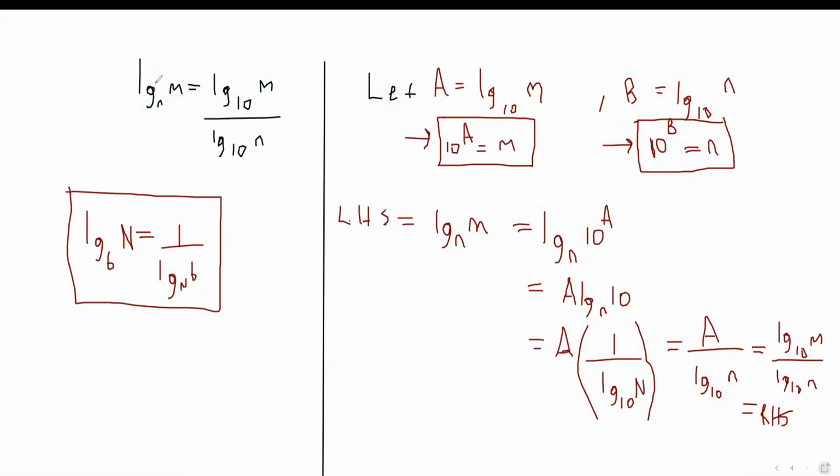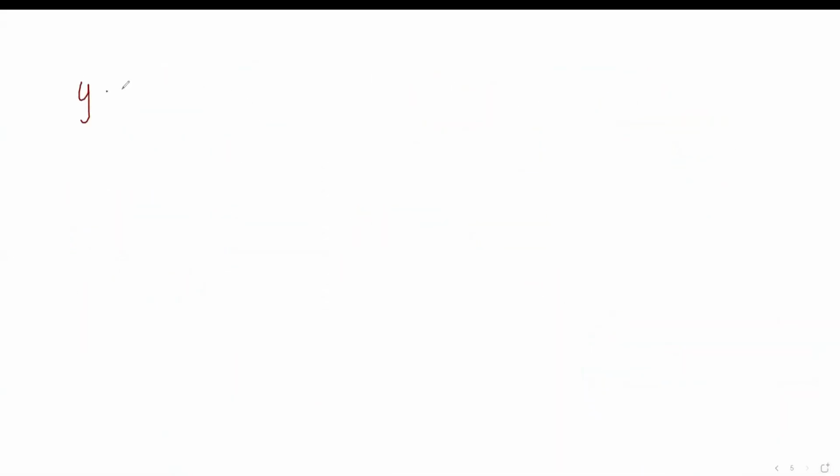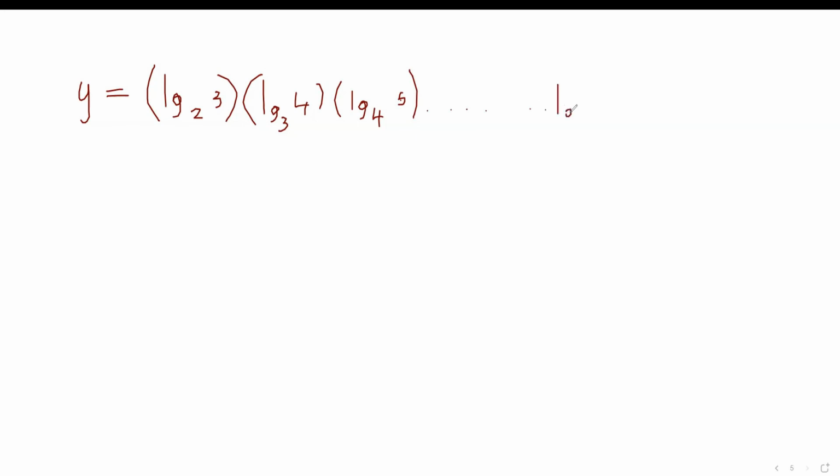So writing out what y is, it says y is equal to log to base 2 of 3, close that bracket, multiplied by log to base 3 of 4, multiplied by log to base 4 of 5, multiplied by, I will continue doing this till we reach log to base 31 of 32.